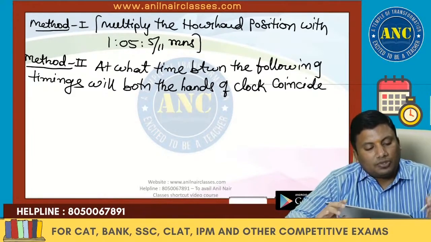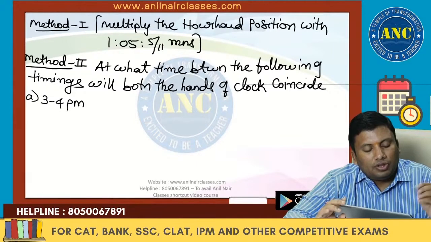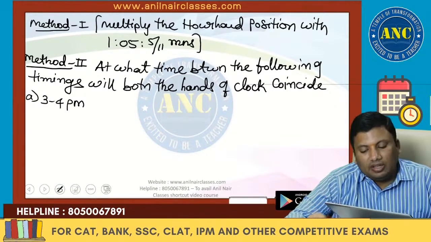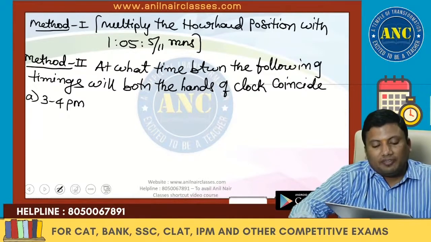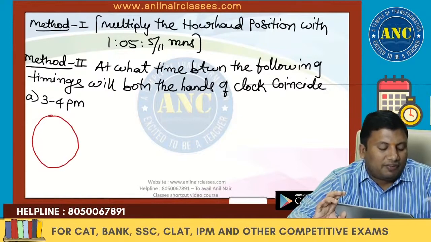At what time? Suppose it is 3 to 4 p.m. Listen carefully. At what time between the following timings will both the hands of a clock coincide? 3 to 4 p.m. Let's put this in the form of a clock.